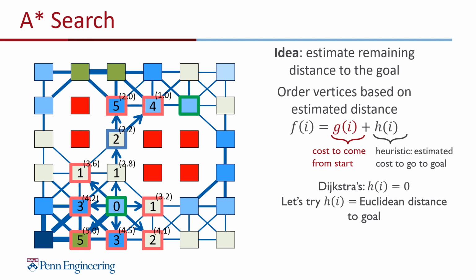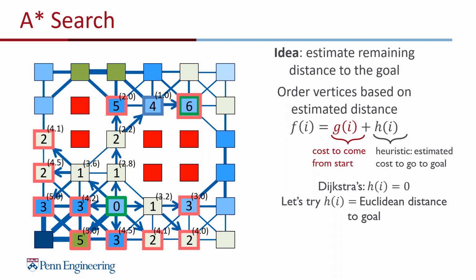Once we've expanded that, we see that this directs our search more clearly towards the goal because our next node to expand is going to be the node currently in blue, which has a combined value of 4.2. And then we continue expanding out other nodes, and much more quickly we reach our goal, which we've done here.